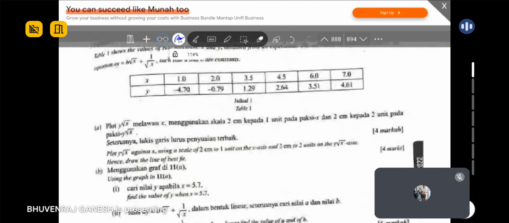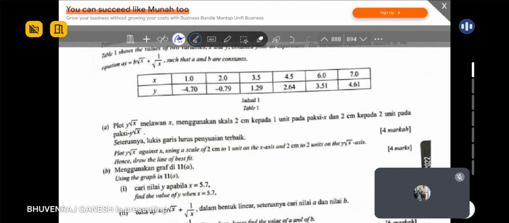Okay, guys. First question. They ask you to plot y square root x against x. So it means you have to change it. How can you plot wrongly? So you have to make one more column. You just draw the table.